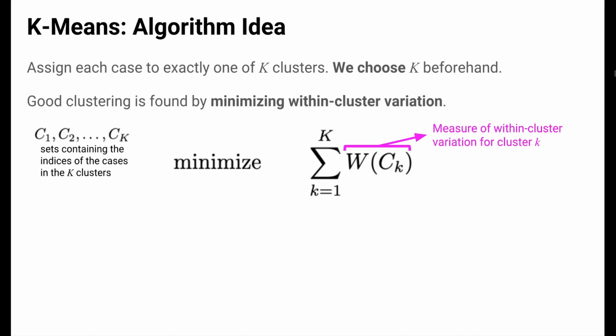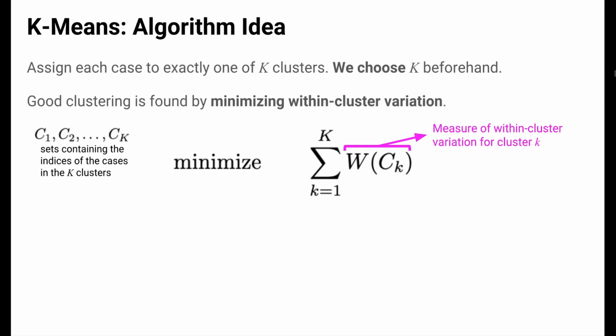So k-means is a particular algorithm for performing clustering, and let's give a general overview of the algorithm. So in k-means, we assign every case to exactly one of k clusters, and we have to choose k beforehand. So a good clustering is found by minimizing within cluster variation. So the mathematical setup is this.